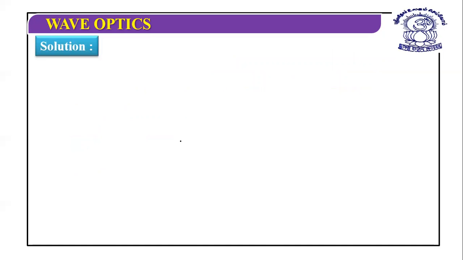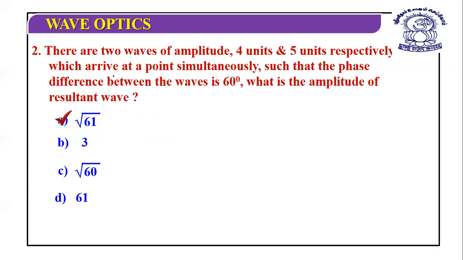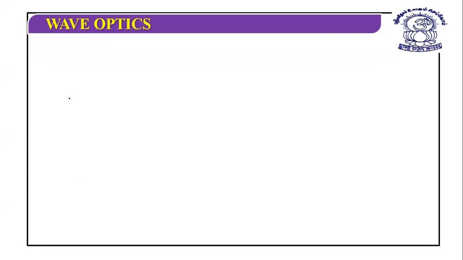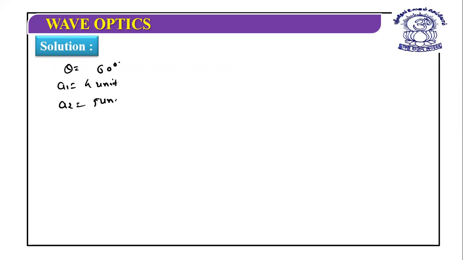Here, the phase difference between two waves is 60 degree. So theta is 60 degree. A1 is 4 unit and A2 is 5 unit. So let us use the formula.